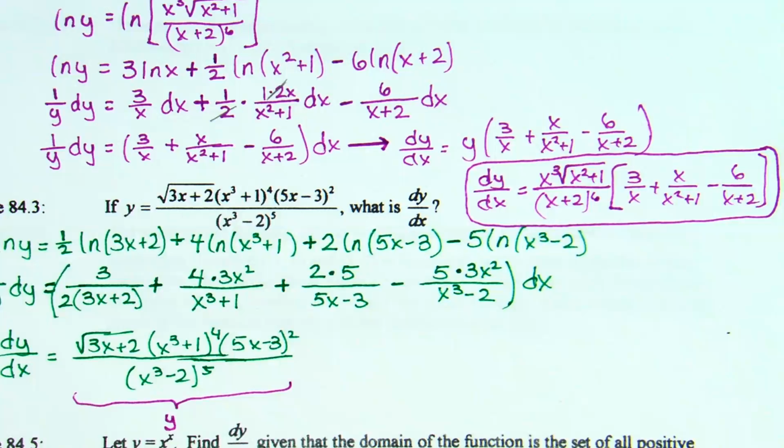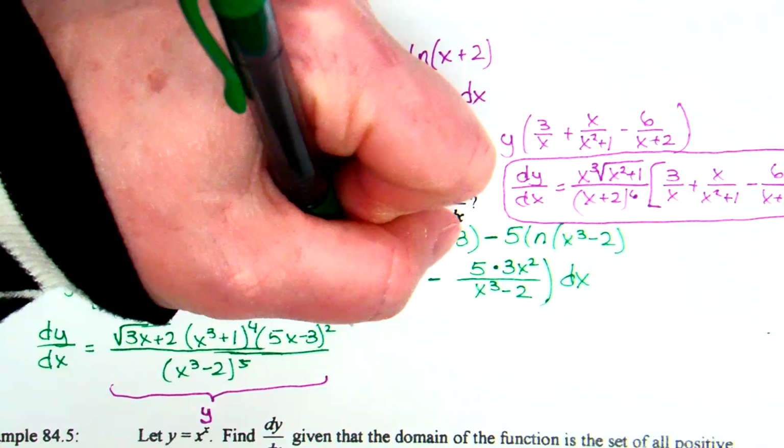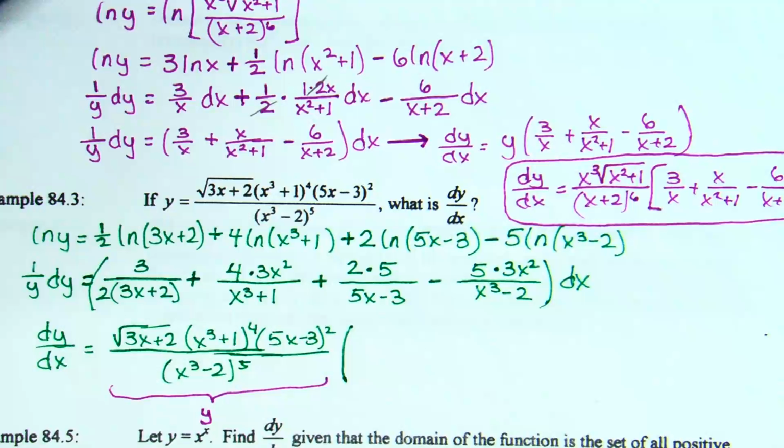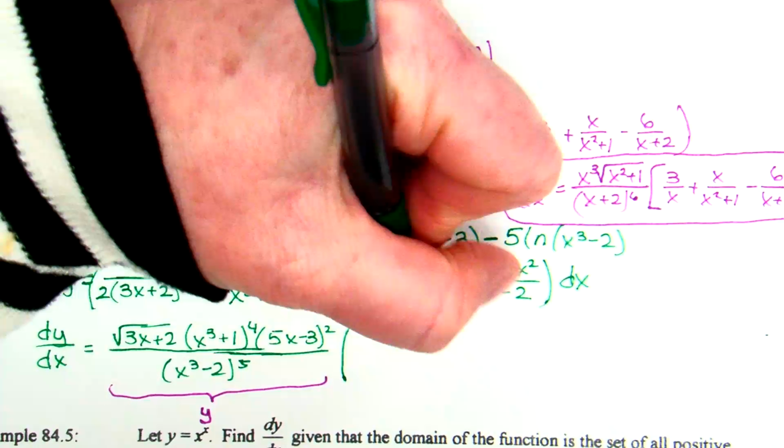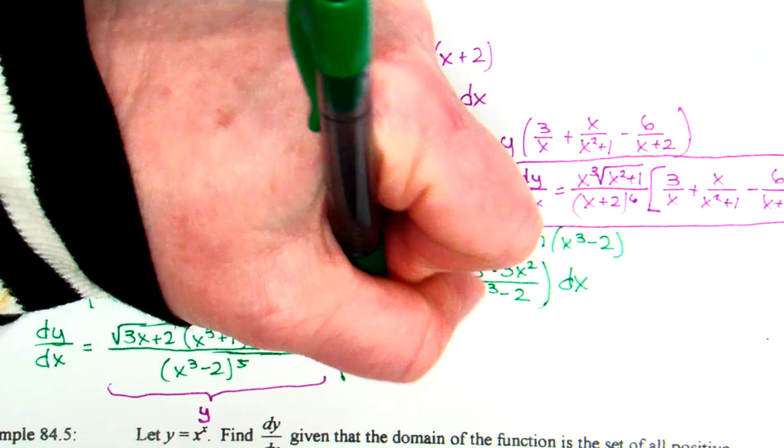Times. Basically just clean up the stuff we had from before, right? It's 3 over, I have 6x plus 4 written in my notes, but if you write it as 2 times 3x plus 2, I'm good.